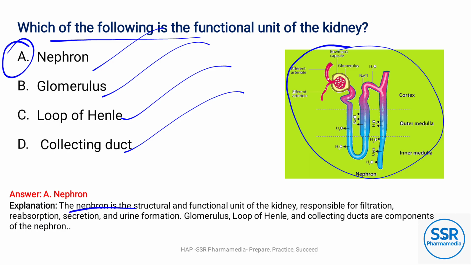The nephron is the structural and functional unit of the kidney, responsible for filtration, reabsorption, secretion and urine formation. The glomerulus, loop of Henle and collecting duct are components of the nephron.